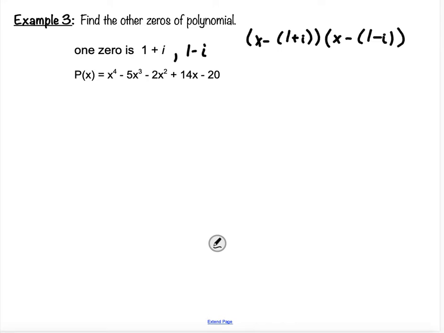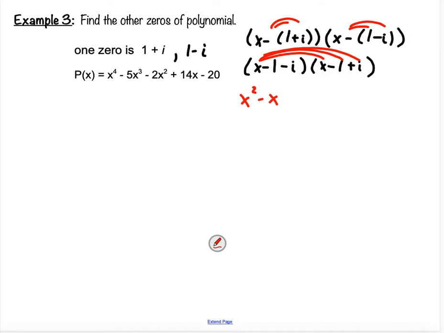So distribute your minus sign through. And now we're going to have to go ahead and fold that out, or I should say use the distributive property 3 times. So if I distribute the x through, I get x squared minus x plus ix.